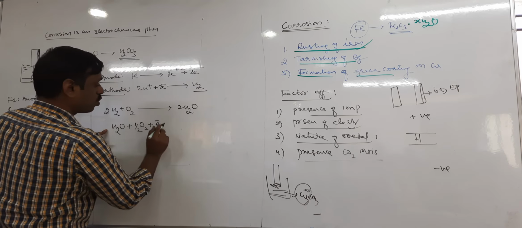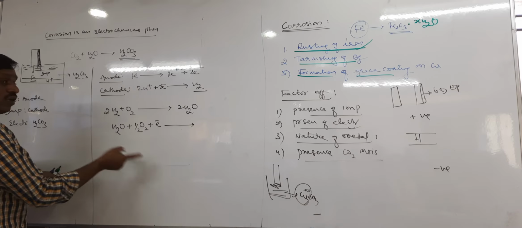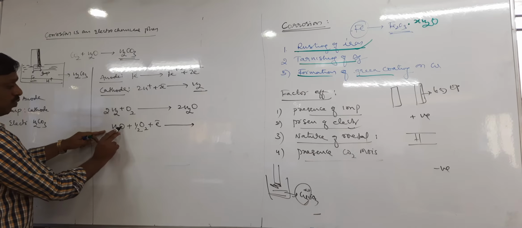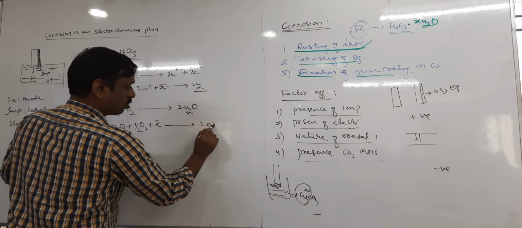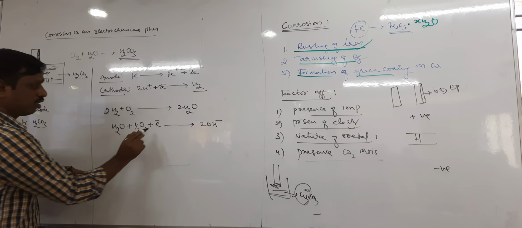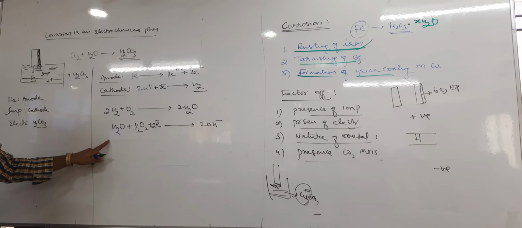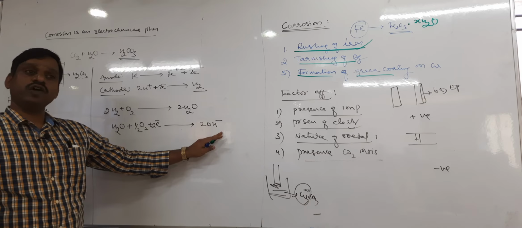So H2O undergoes reduction, it takes up electron. So there water takes up electron, and what is here? 2 hydrogen, 1 oxygen. It is half oxygen, means 1 oxygen. It forms 2OH minus. That means 2 electrons. Yes or no? Water takes up electron in presence of oxygen, it forms hydroxide.